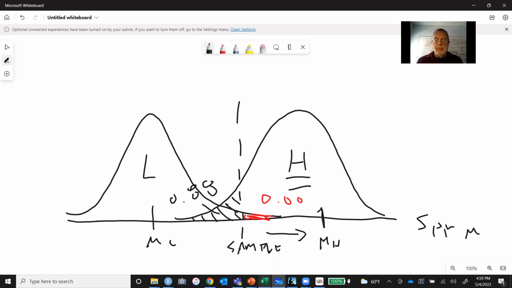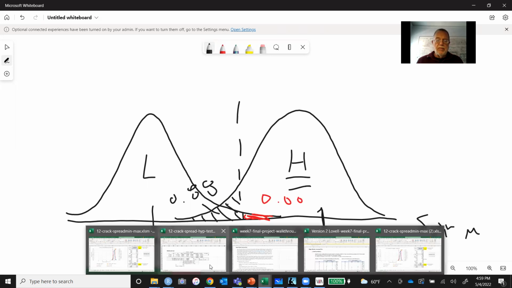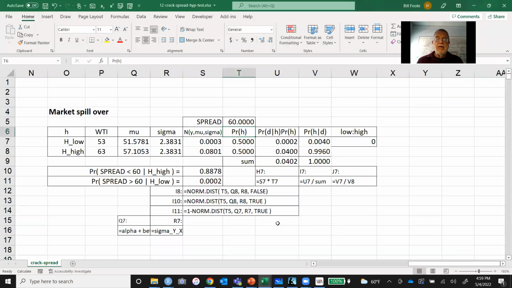Going back to the model, suppose we saw something bigger than 57, like that was 60 right there. That absolutely makes it. But let's take something a little less than 57, like 56.